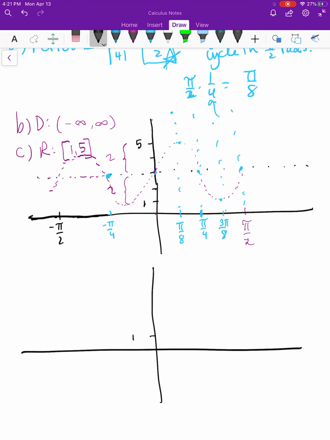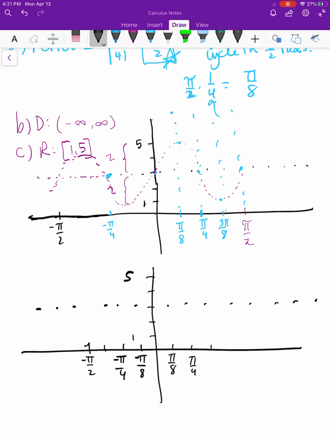Okay, since this graph is getting a little crazy, I'm just going to draw a new one for our new function, okay? So we know it's going from 1, 2, 3, 4, 5 to 5. 3 is our center line. And we said that if this was, I'm just going to put it right here, negative pi over 2, then halfway would be negative pi over 4.